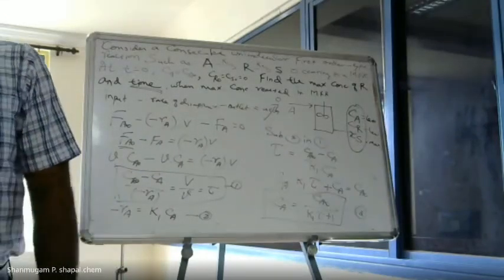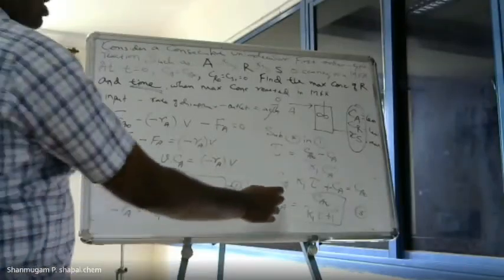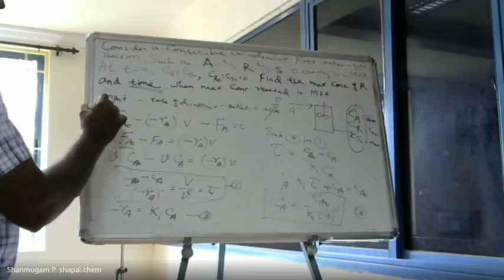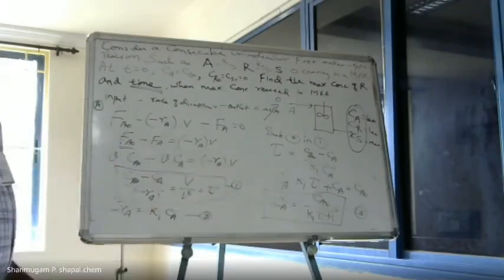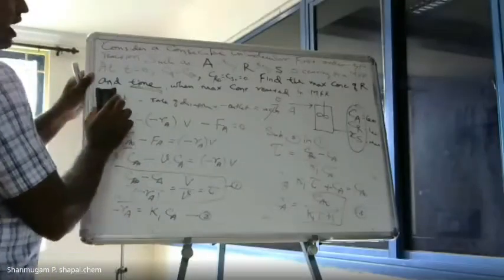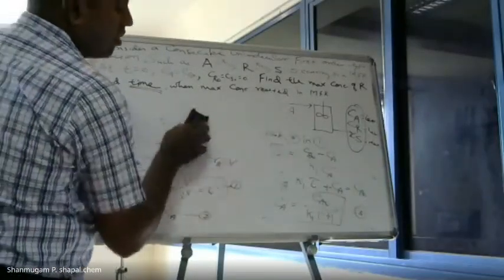This one can be written as CA equal to CA naught by K1 tau plus 1. This is what we have for A, the derivation.